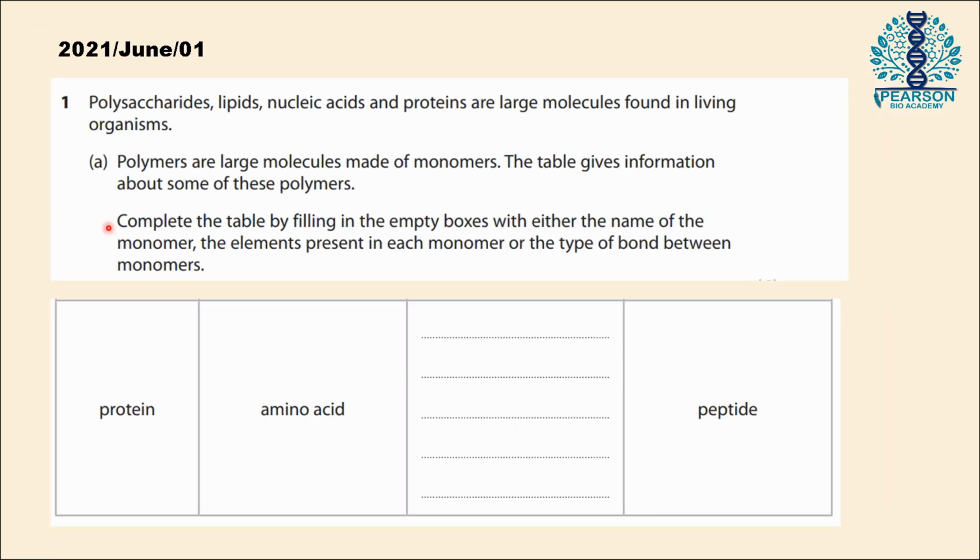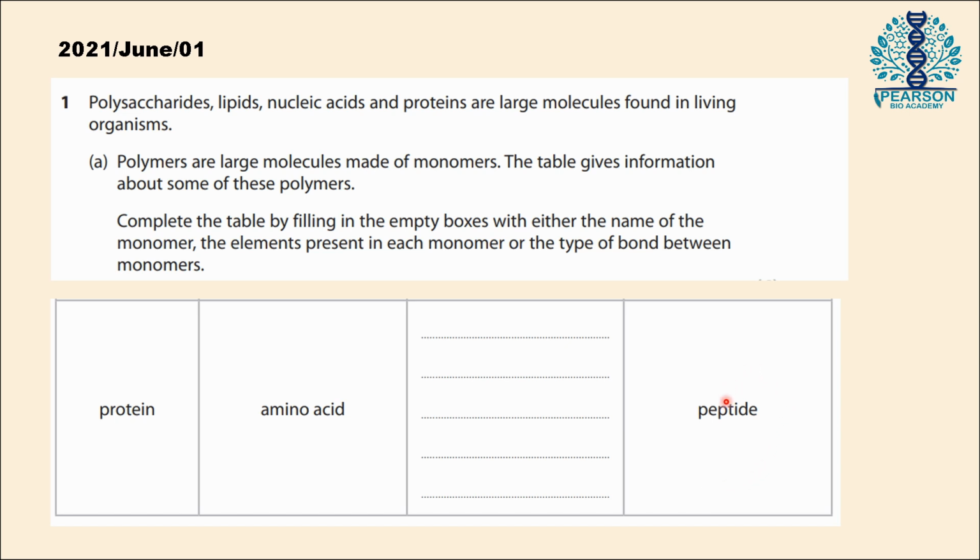The next question is from the June 2021 paper. In this question, you are given a table that includes all polymers, but I have specifically picked out this section on proteins. The table asks you to identify the monomers, the elements present in each monomer, and the type of bond between the monomers.